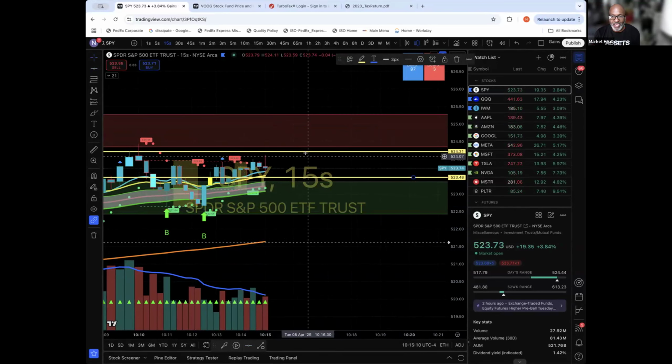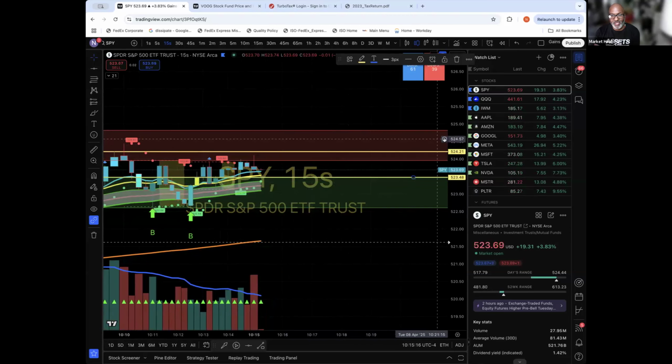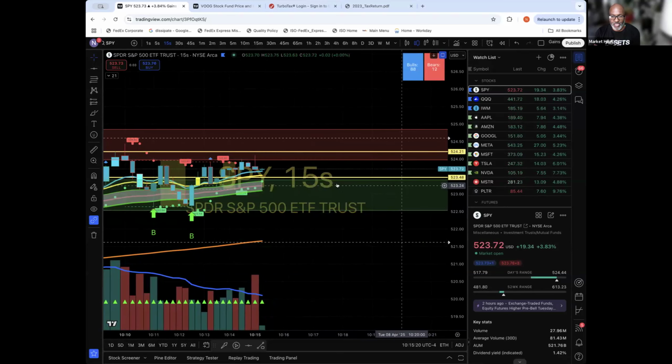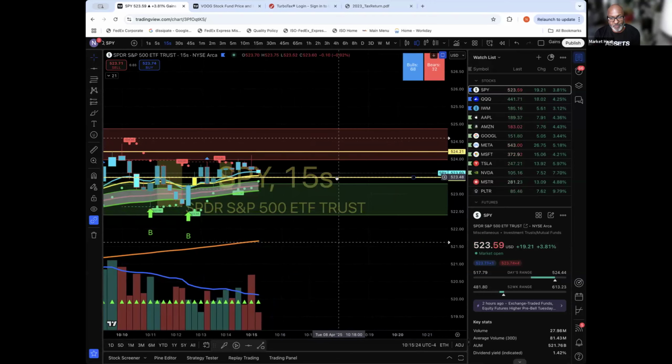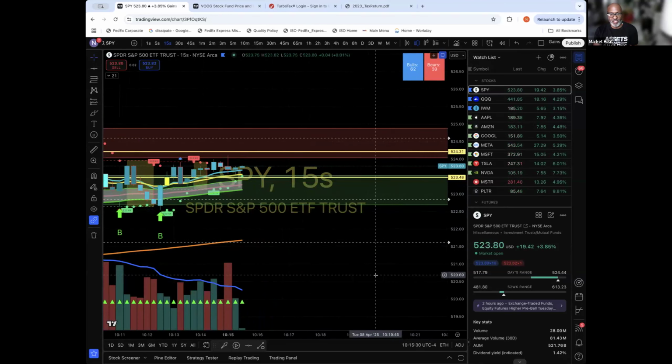If it hits the bottom of resistance and goes through it, then I can clearly set a next level. If it falls through the top of support, then I'm going to set a next level right here. Let's say in the middle, using the middle as an example.